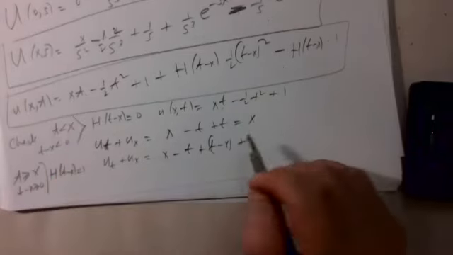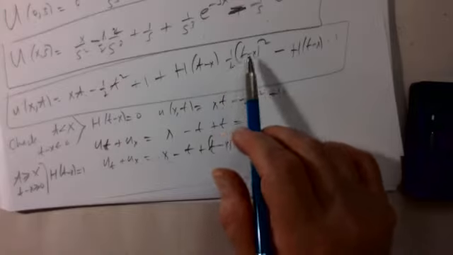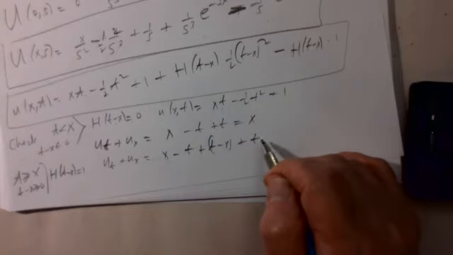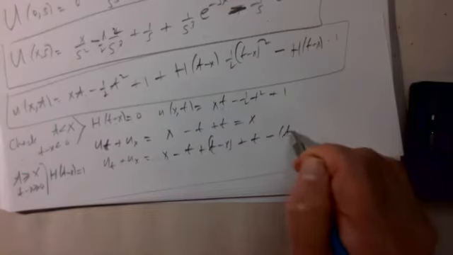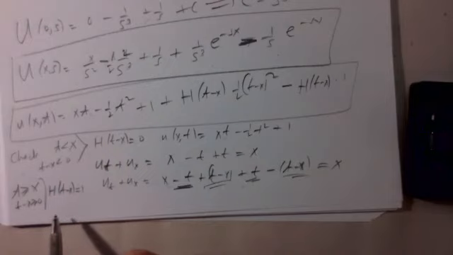Plus the derivative with respect to x. The derivative of this with respect to x is t. When I differentiate this with respect to x, I get a half times 2 times t minus x times minus 1. So that's minus t minus x. These cancel. These cancel. I'm just left with x. So if you carefully check, the differential equation is satisfied.